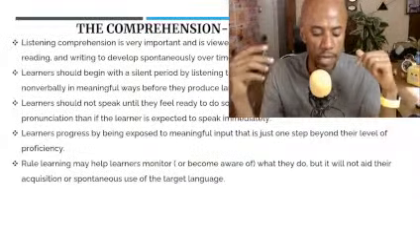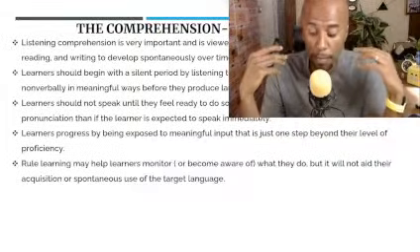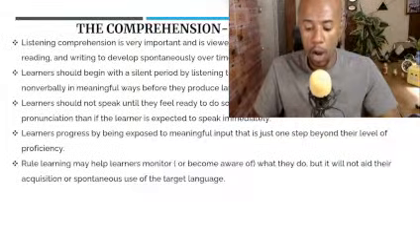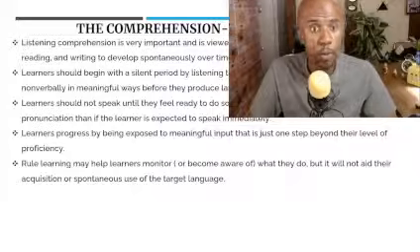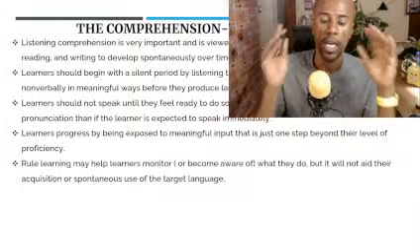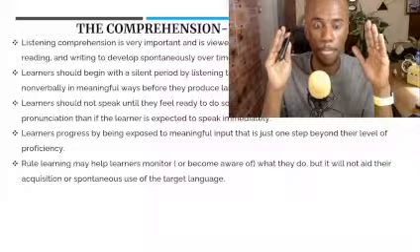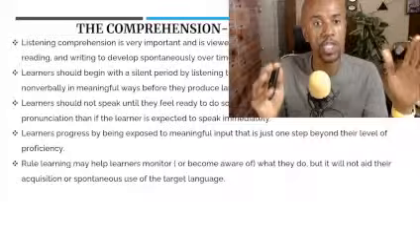Now, rule learning may help learners monitor or become aware of what they do, but it will not aid their acquisition or spontaneous use of the language. We are going to talk about all of this in more detail when we talk about the theory of second language acquisition by Krashen.